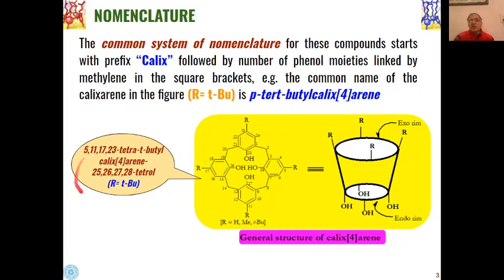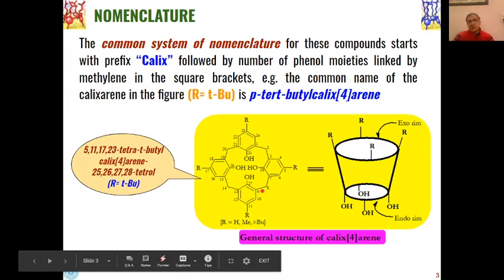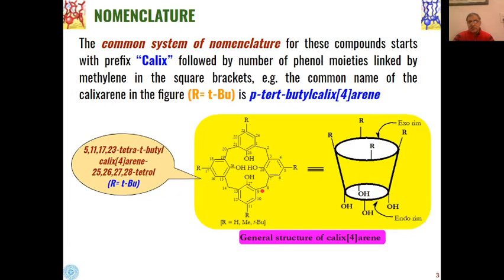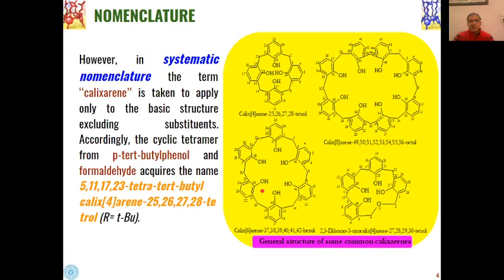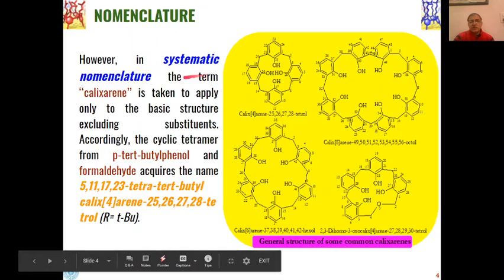That will be the name of this calixarene in terms of systematic nomenclature.